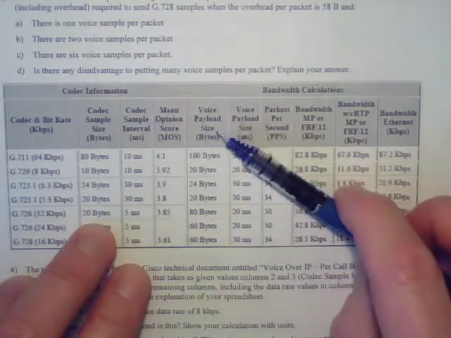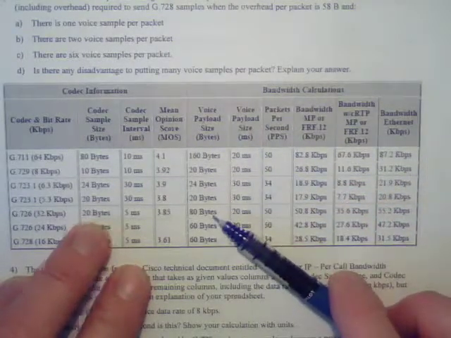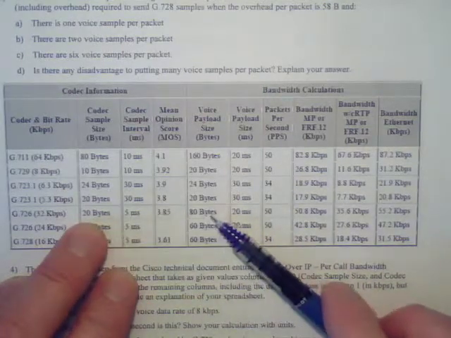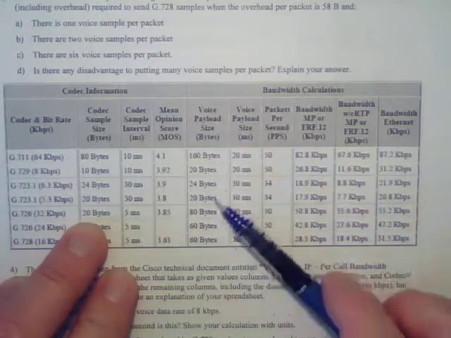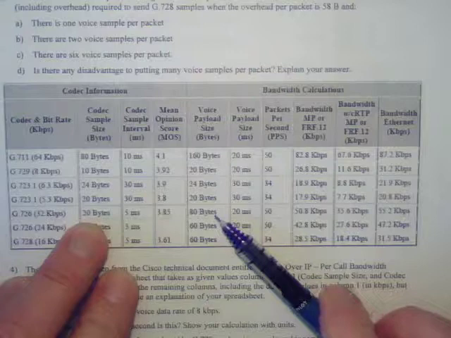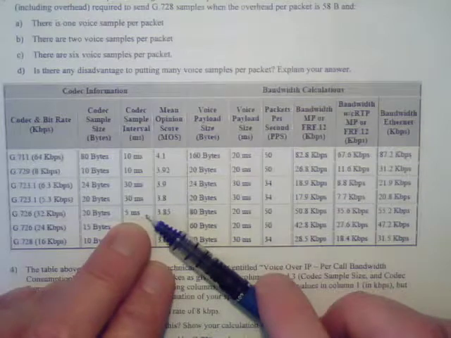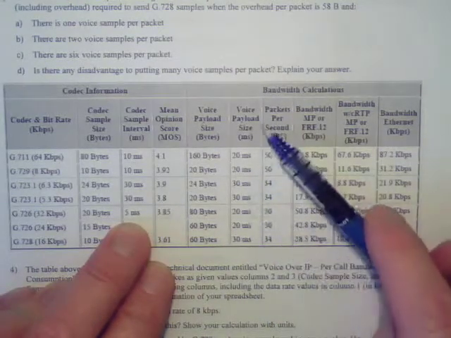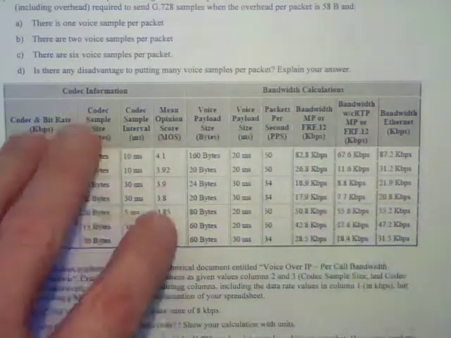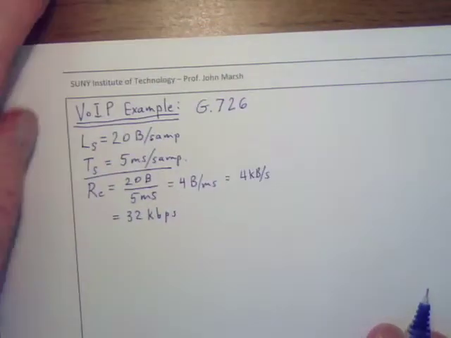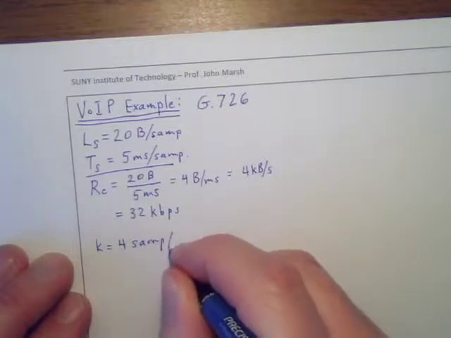The voice payload size is given as 80 bytes, and that means there are 4 samples per packet. There's 20 bytes in a sample and 80 bytes in a packet. That is the payload size. Similarly, with the same ratio of 4, the sample codec interval is 5 milliseconds, and there's a 20 millisecond time interval of voice in the payload of a packet. So K is equal to 4 samples per packet.